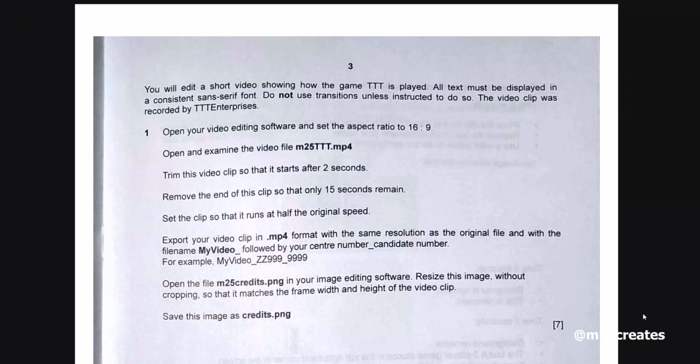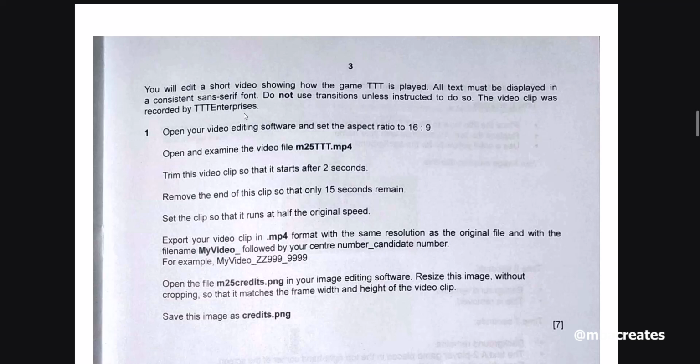With a quick reference to the question paper, when you read the question, it says you will edit a short video, etc. But when you come down to the second line where it says the video clip was recorded by TTE Enterprises, so we must include this in our credits.